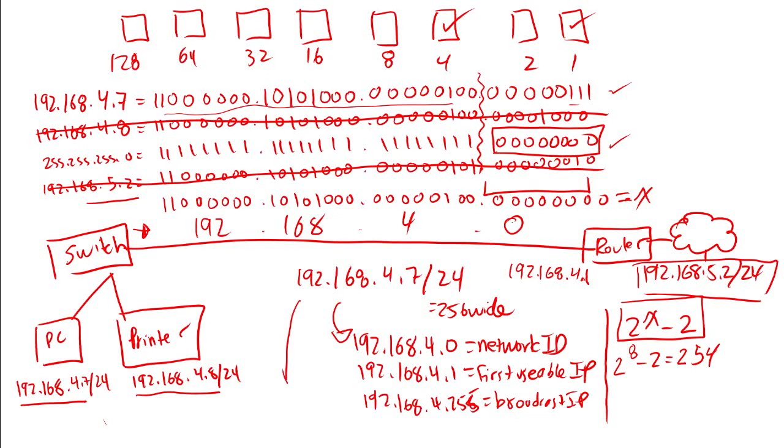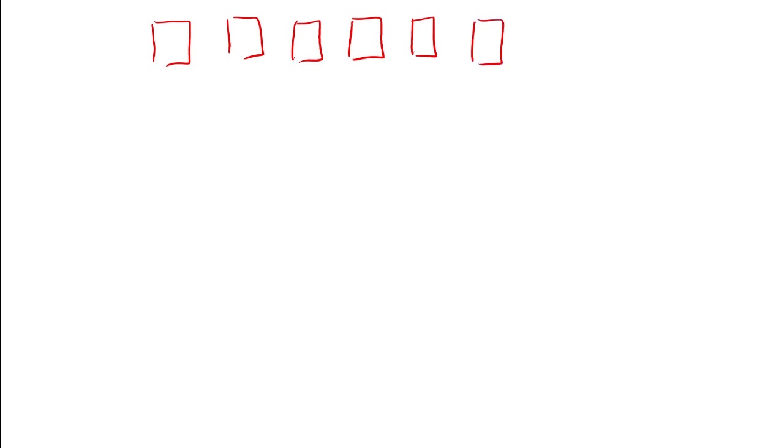So you can remember this formula, and it's going to be a little bit more handy once we start looking at a subnet that's, say, a /23. Because what do you do? If we had a /23, for example, now I'm going to draw our boxes again. What if I gave you 192.168.7.2/23?